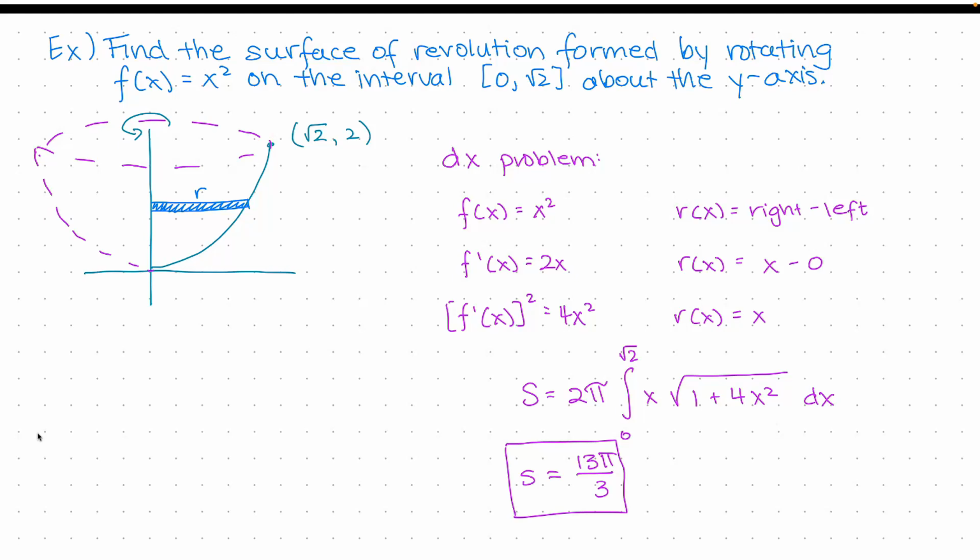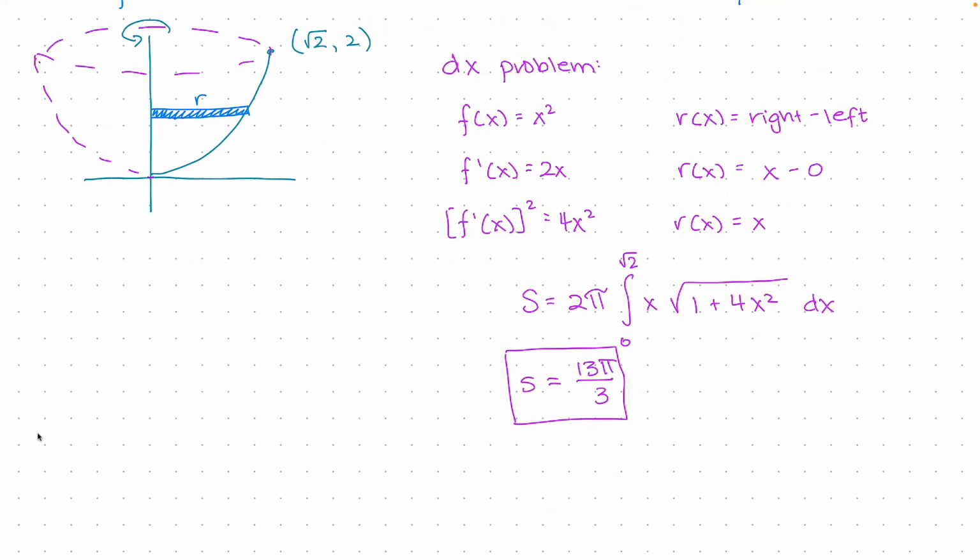Let's see if we can actually get the same thing with a dy problem. Any questions on that? All right. Does anybody still need this before I look at it as a dy problem? Actually, maybe I'll just do the dy problem here. So this time we're going to have g of y.